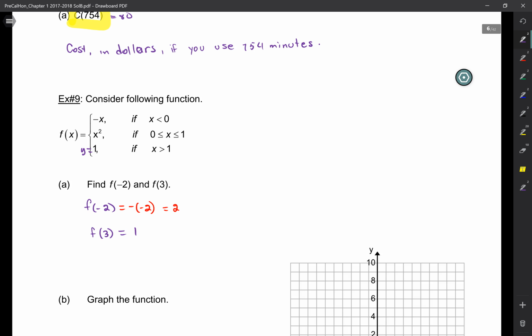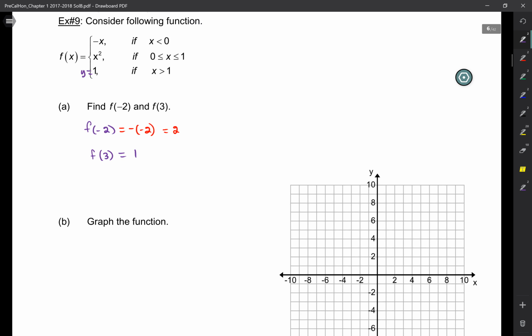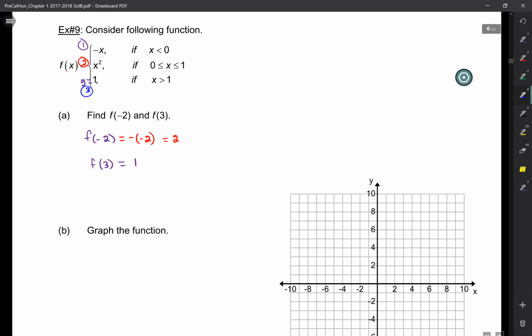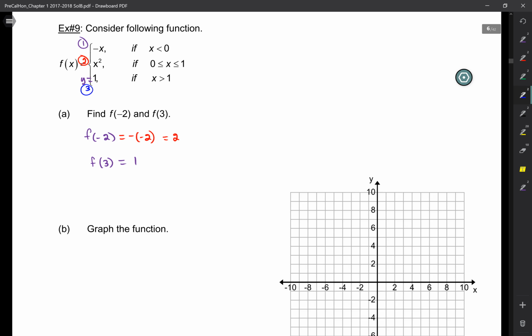Okay? Now, let's graph this function. We're going to call this function 1, 2, and 3. So let's do function 1 first. What you always want to do is plug in the boundary point. For function 1, the boundary point is at 0.